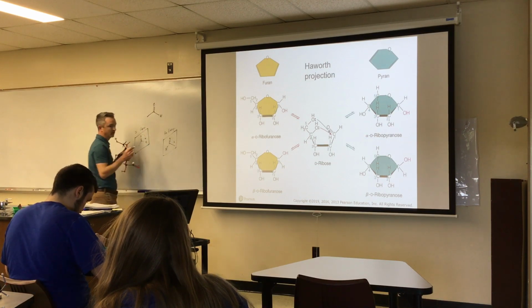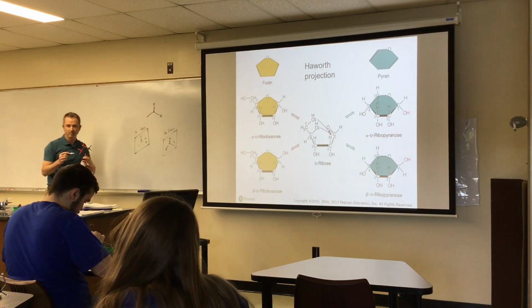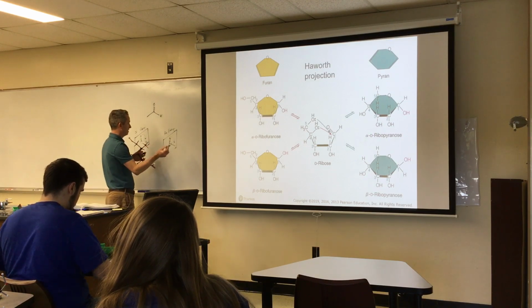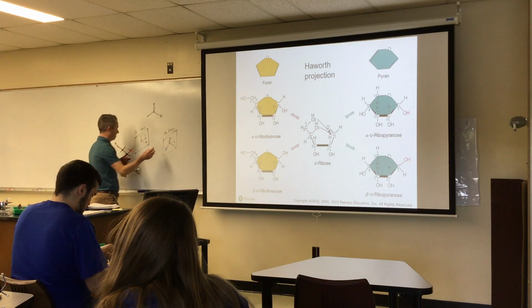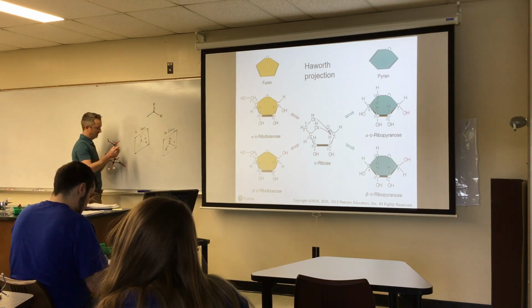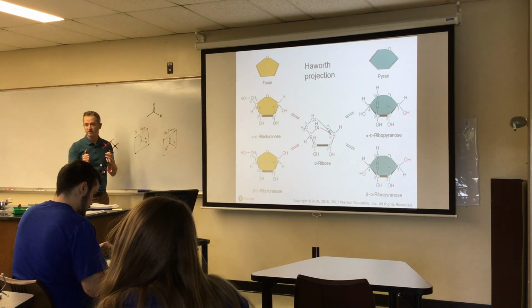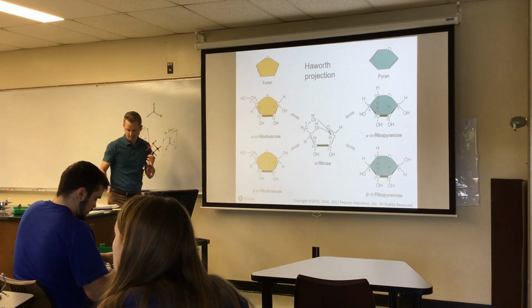This is not in your book, this is all organic chemistry. So the attack either happens from the Re face or from the Si face, and that is what's responsible for the difference in chirality.